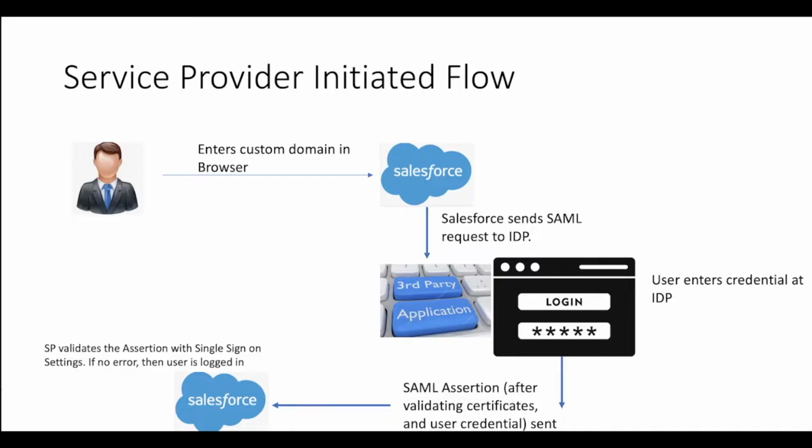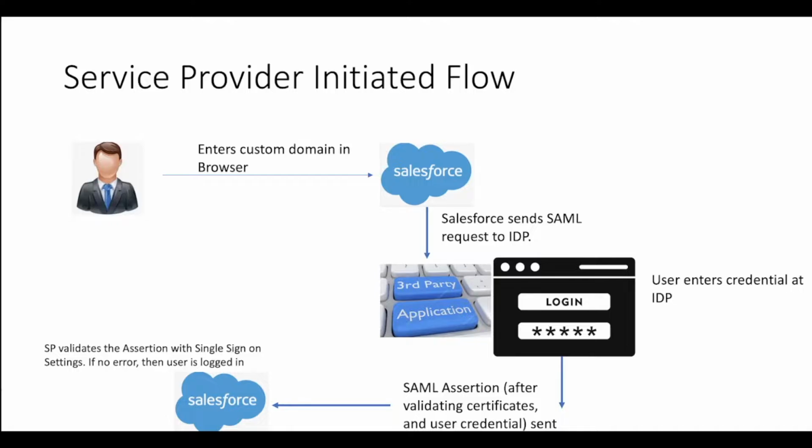That's why the user will always have a custom domain URL in the browser, and that domain will send a SAML request to the IDP or third-party application. Then the user will enter username and password. If the password and username are good, then the SAML assertion, which is a message that tells who the user is, will be sent back to Salesforce.